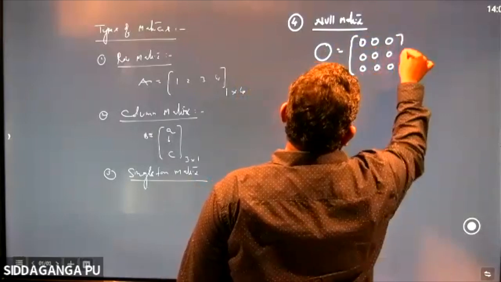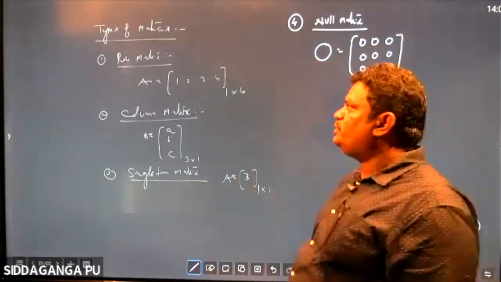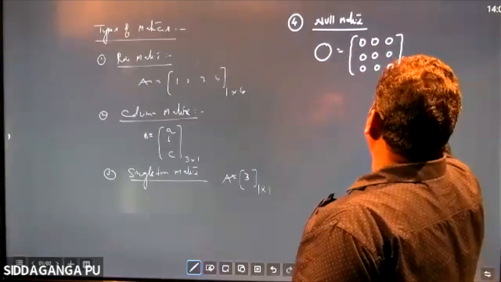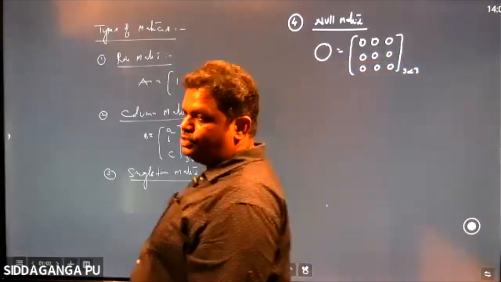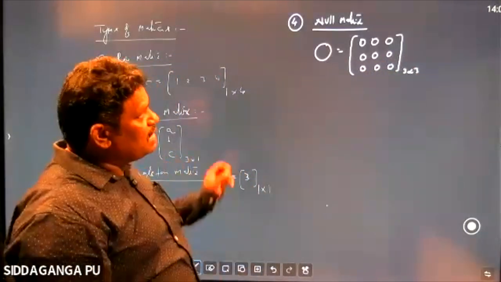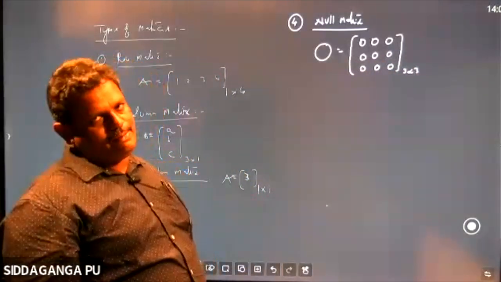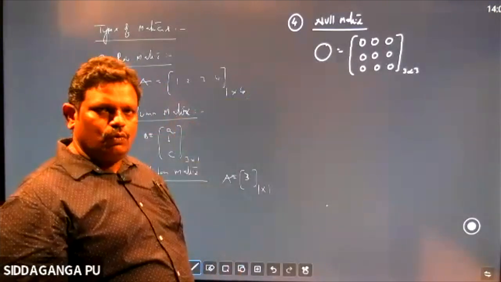Here there are 3 rows and 3 columns, but every element should be 0. Then that matrix is said to be a null matrix. The null matrix is denoted with the letter O.